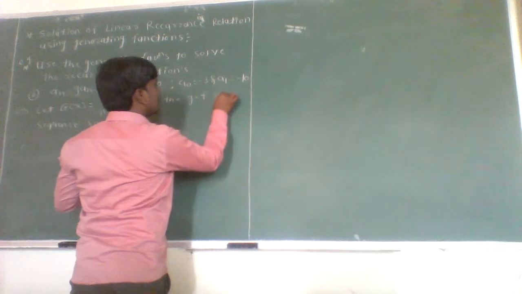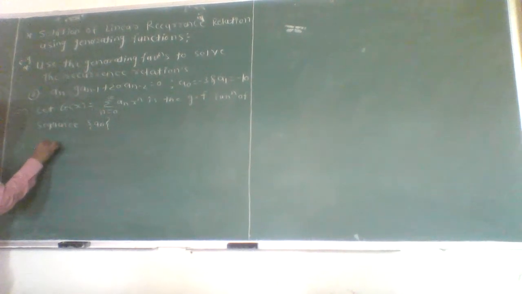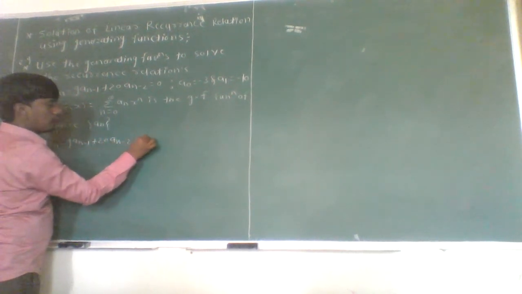Therefore, let us consider g(x) equal to summation n running from 0 to infinity a_n x to the power n, the generating function of the sequence a_n, where the given representation is a_n minus 9 a_(n-1) plus 20 a_(n-2) equal to 0.